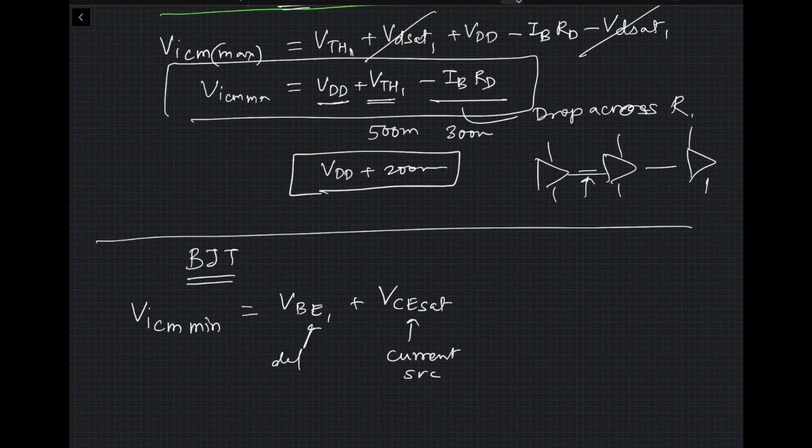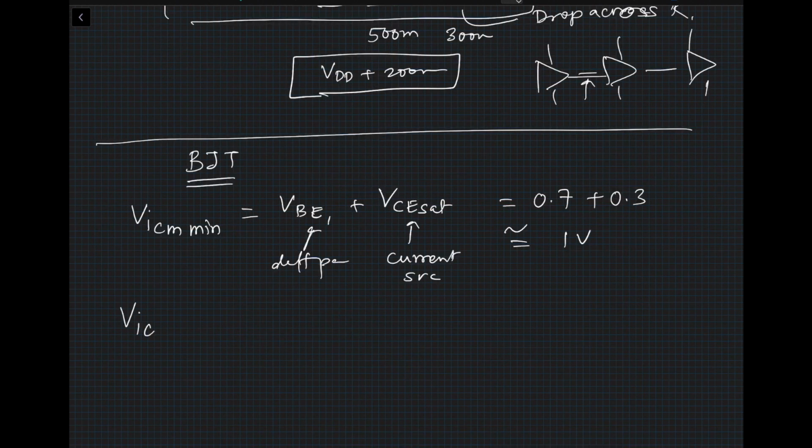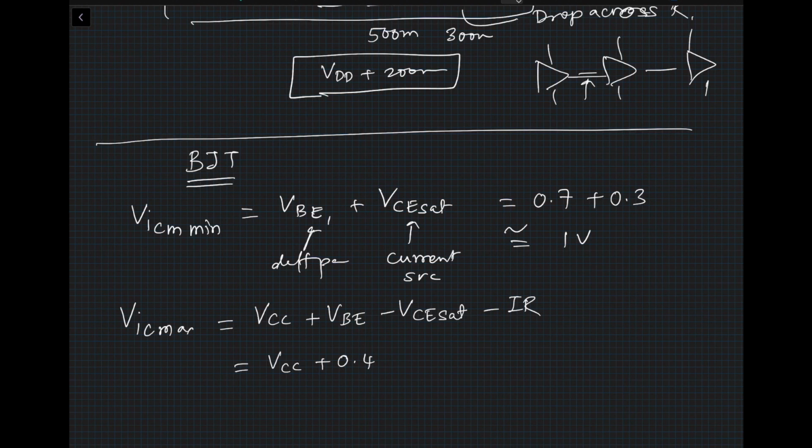Generally VBE, we have ballpark numbers, 0.7 plus VCESat of 0.3, so you can say it's about 1 volt, minimum VICM. VICM max would be equal to VCC plus VBE minus VCESat minus IR. This would come out to be, let's say, VCC plus 0.4 minus IR. So this would be the maximum input common mode voltage for the BJT.